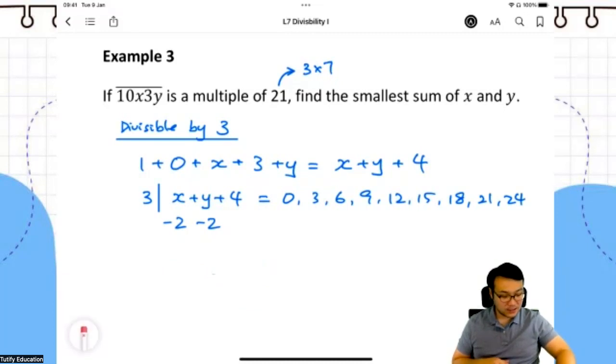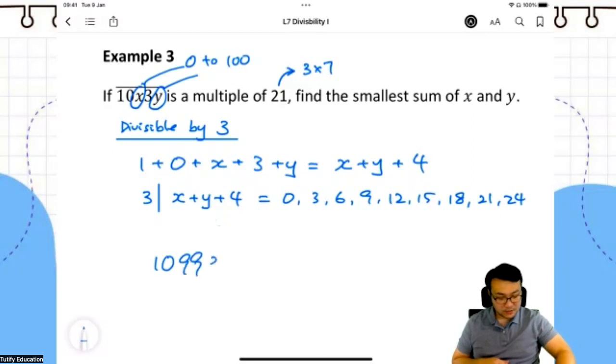So can x and y be negative? No. These digits should be digits from 0 to what, Aiden? 0 to 9.